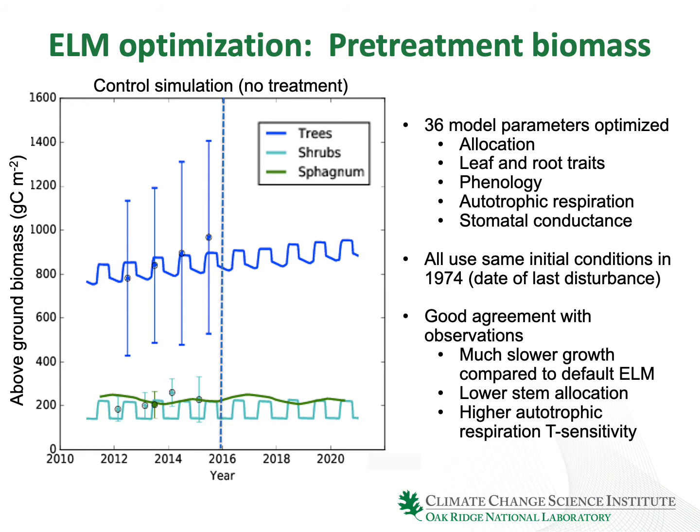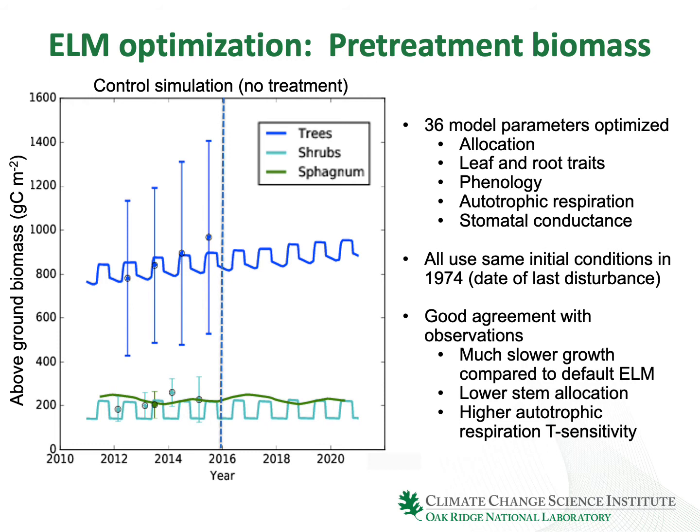And so you can see the model curves there for the trees compared to the observations, as well as the green for the sphagnum and for the shrubs as well. After this optimization, we see quite good agreement with the observations. By optimizing parameters, we are able to get a good fit.